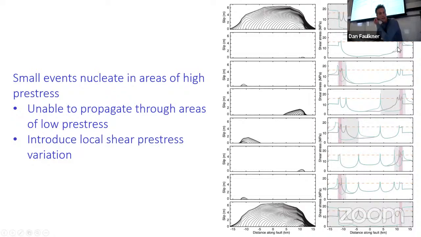Anyway, the green line shows the shear stress that we've got on our fault. In this picture of our fault plane, we're looking at stress levels on our fault. The stresses at the edges are quite high, and in the central part they're very low. So the stress on the fault here is nowhere near enough to get the fault to slip.